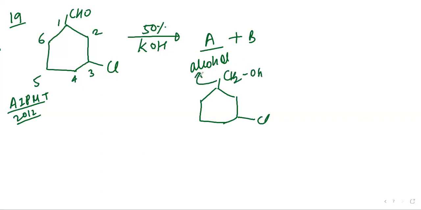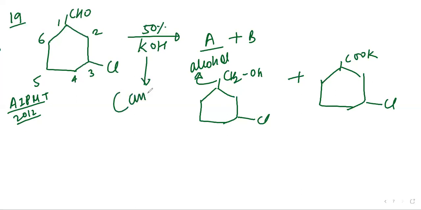So this is your alcoholic compound and the next one will form like COOK, carboxylate, and here chlorine will be there. This is also called the Cannizzaro reaction. So this is called the Cannizzaro reaction.